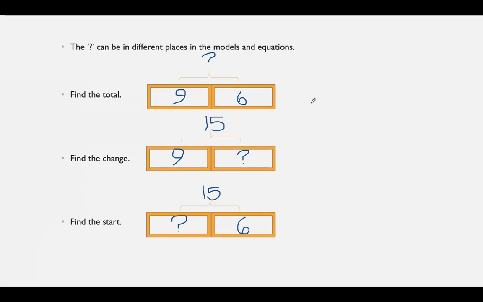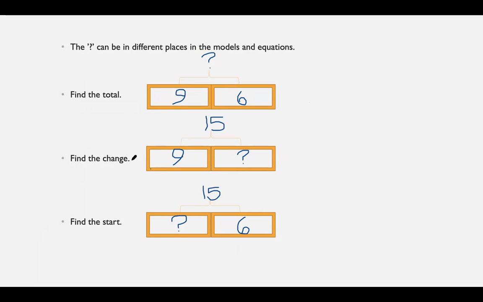So the question mark can be in different places in the model and in these equations, just like we did with the fact families. When we're finding the total, the question mark in the problem goes at the top. And then the knowns are in the boxes.